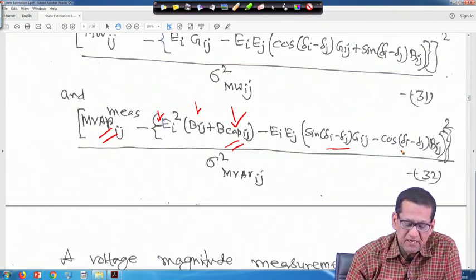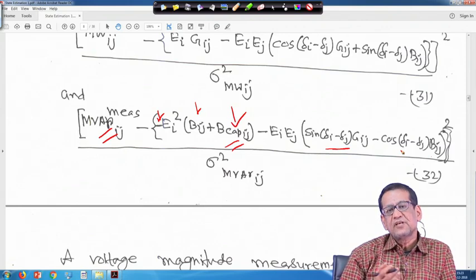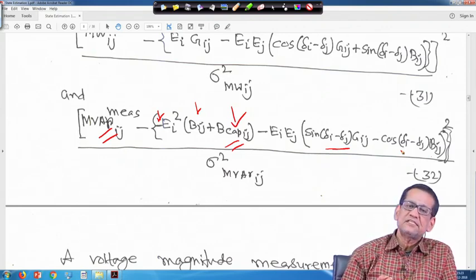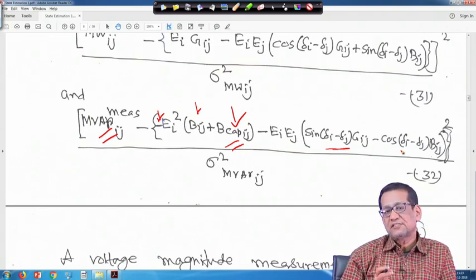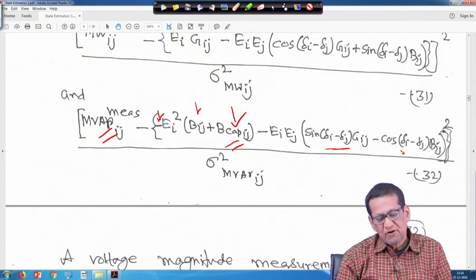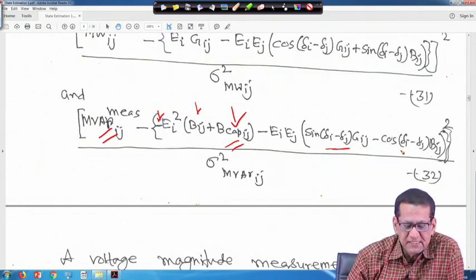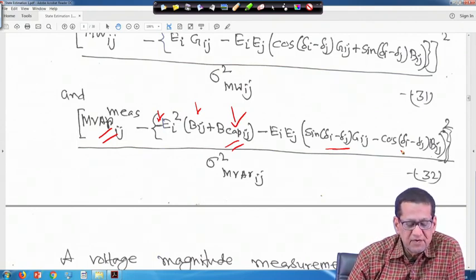Another thing is, in the line you may have a series compensated line, say a transmission line, where series capacitors are present in the line, then that reactance also you have to consider, right. All these things you have to consider when you are measuring the megavar, that is the reactive power.